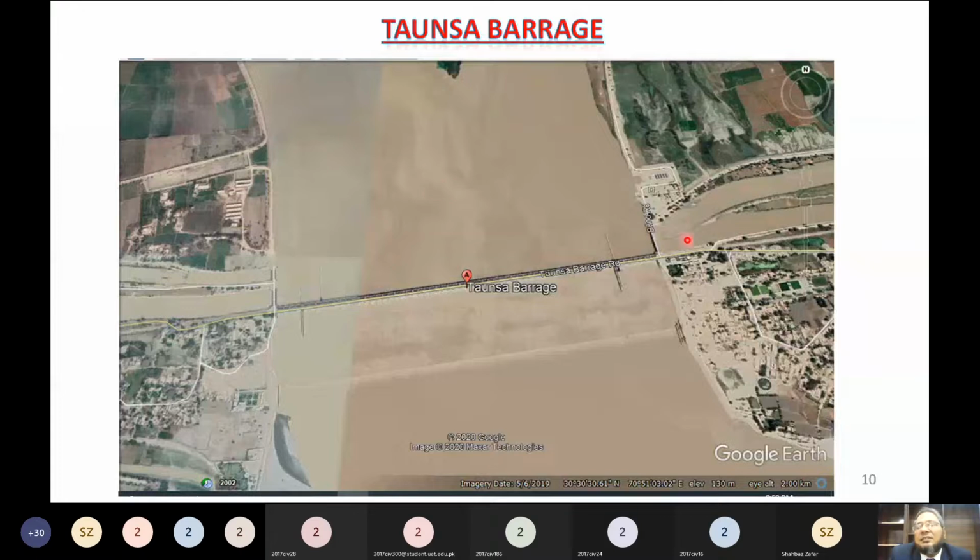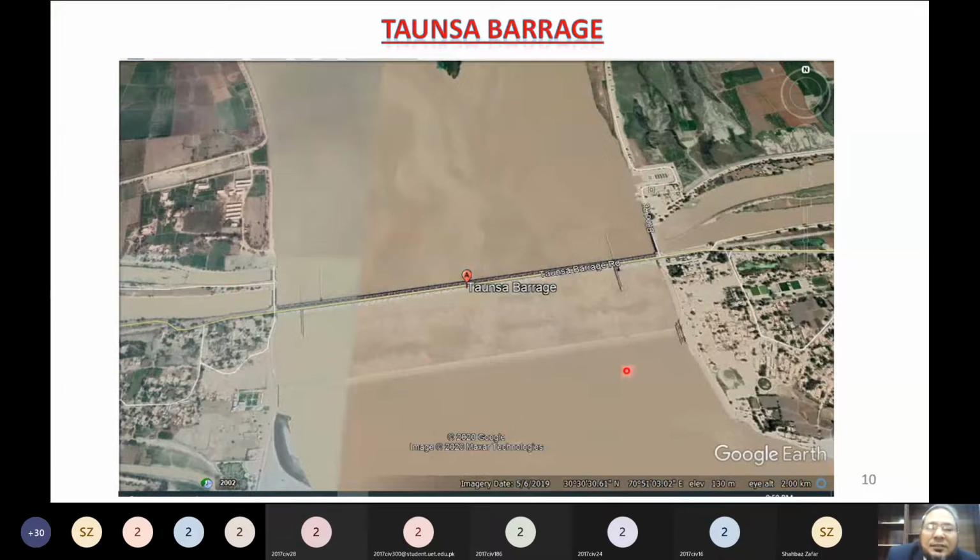So these are the left bank canals. How many canals are being off-taken from the left side? Can you see? Two canals. Okay, and this is the divide wall on the right side, and these two canals are taken off from the right side.